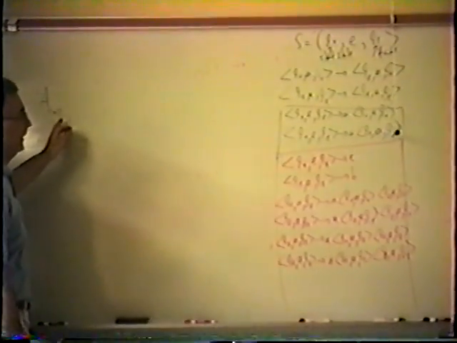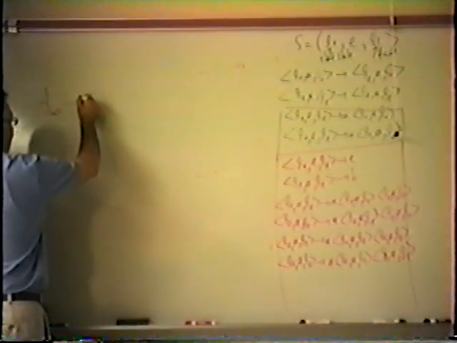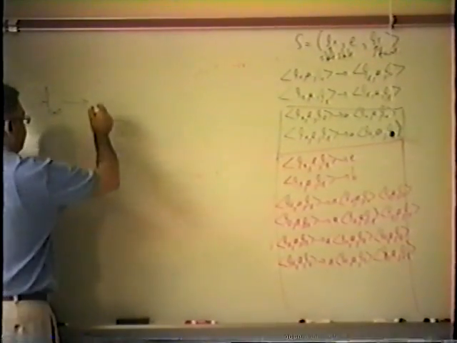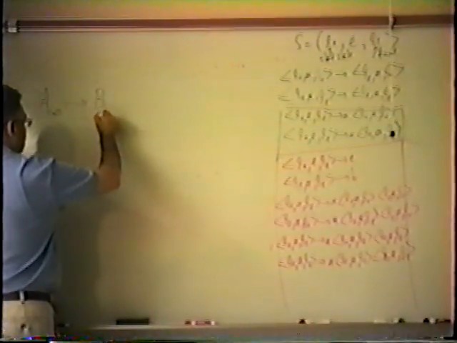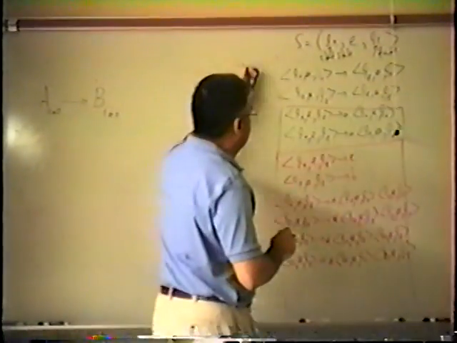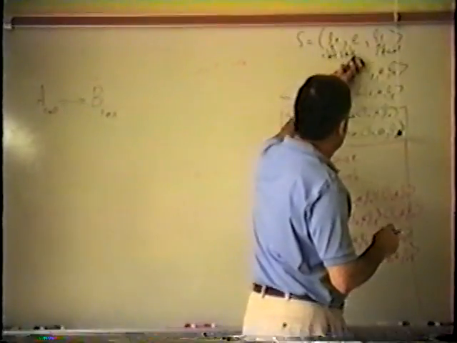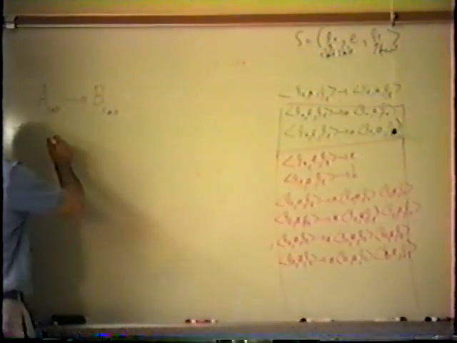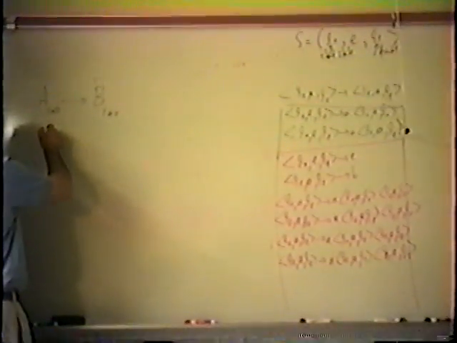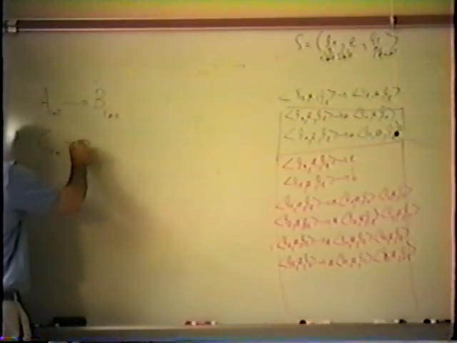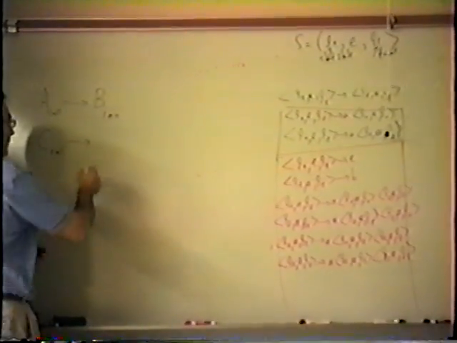Let's call it A. Goes to what? 1A0. Let's call that B. Okay, I did this one. 0A1. Let's call that C. Goes to 1A1. Let's call that D.